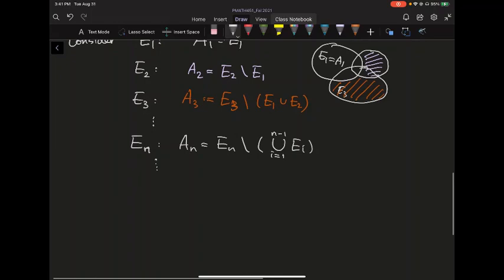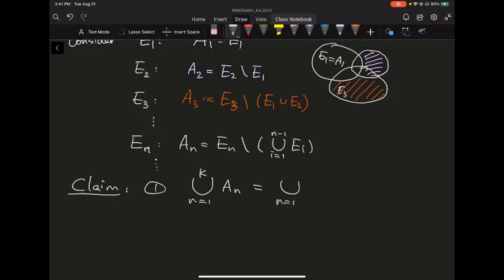So let's try to prove this. Here's the claim. The first claim I want to make is that if I take the union of the first, say, k of these An, then I get the union of the first k of the En. This is an easy exercise if you do induction, so I'll just leave it as an exercise.